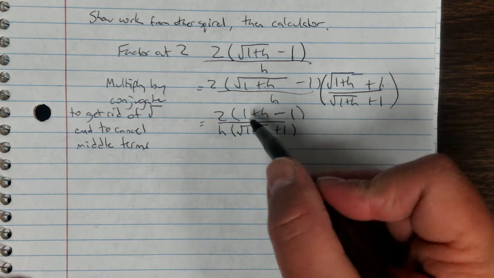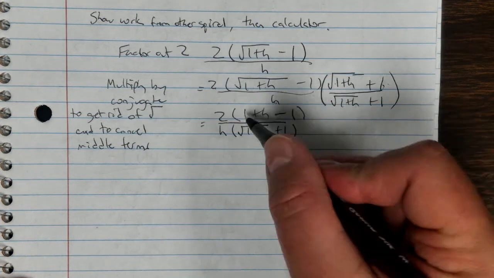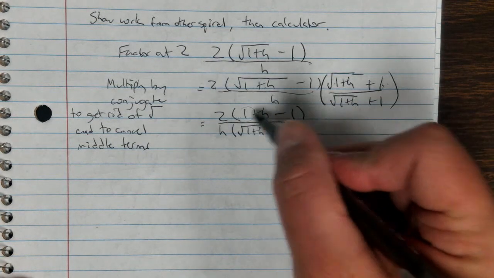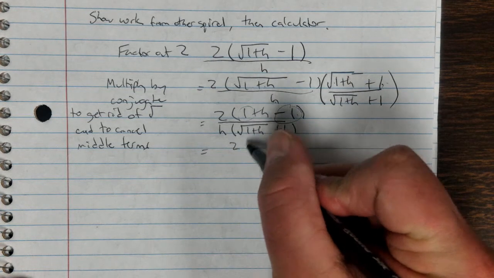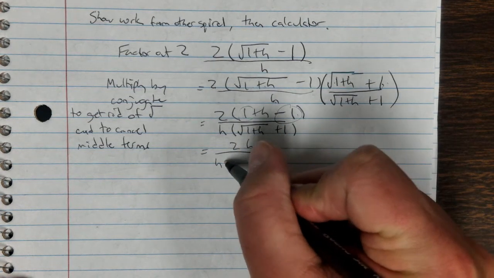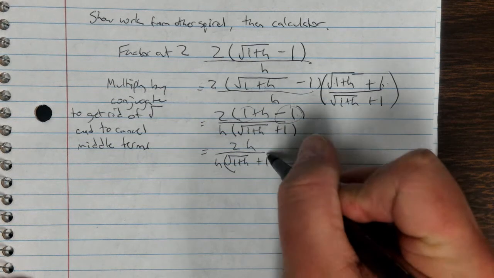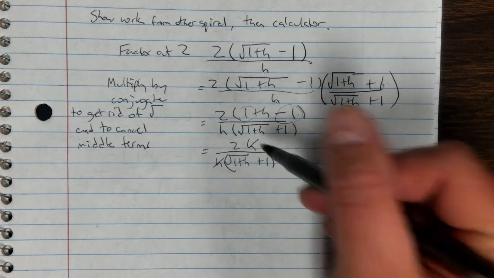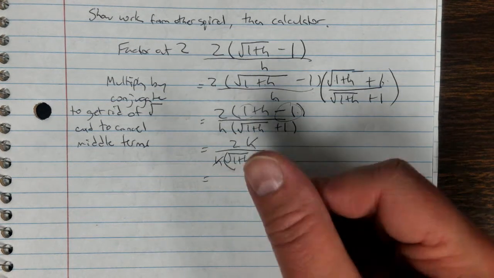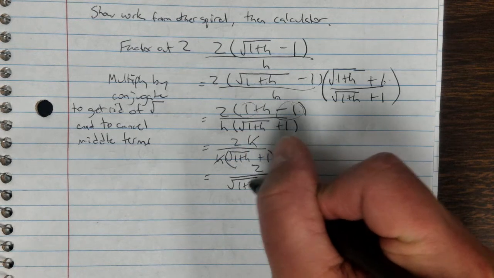Okay, so first off, at our next step, we would have 1 minus 1 cancels. And so then we have 2h over h times the square root of 1 plus h plus 1. Okay, so then our h's cancel, and we get 2 over the square root of 1 plus h plus 1.